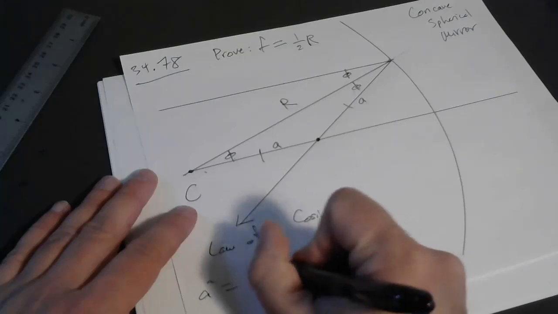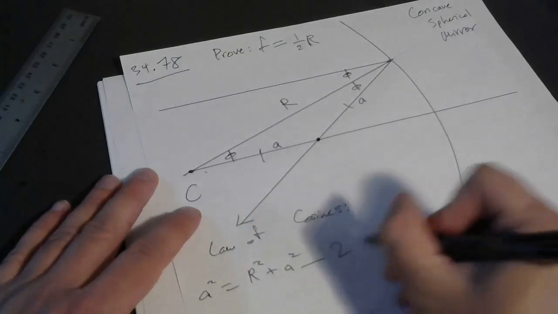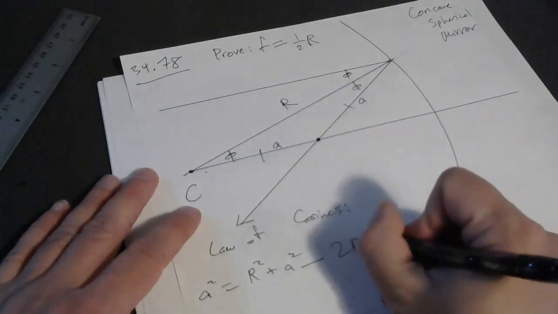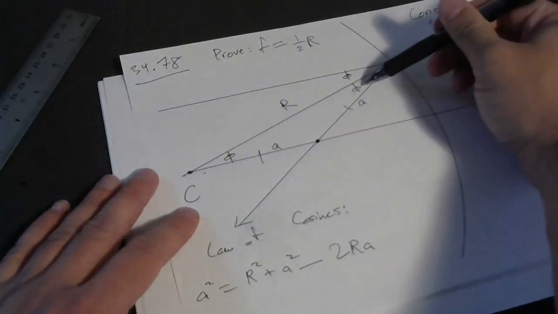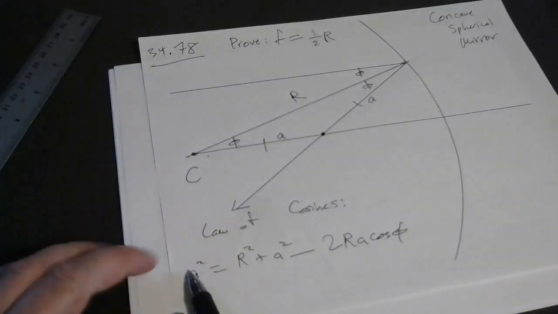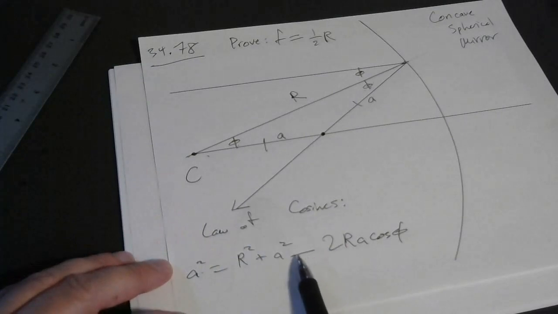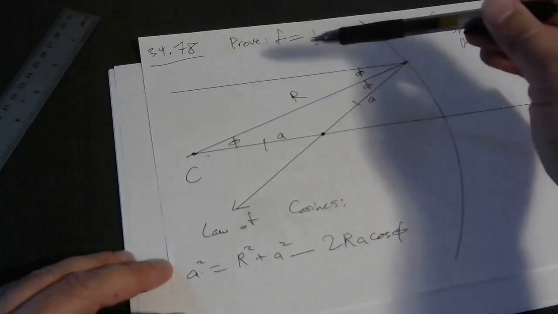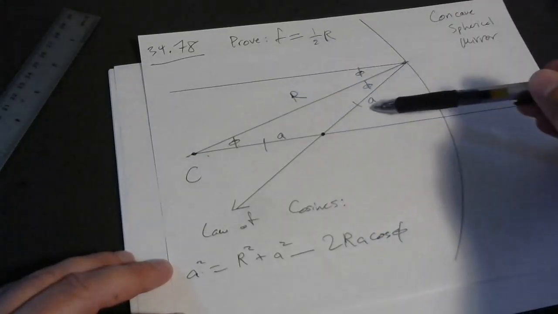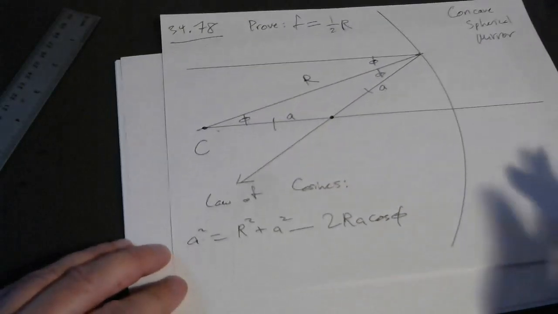It's kind of like Pythagorean theorem, but you have this third term, minus 2RA times the cosine of the angle between them, which is phi. So the third side squared equals the sum of the squares of the other two sides, but now you have to subtract 2RA cos phi, which is the angle between those two sides.